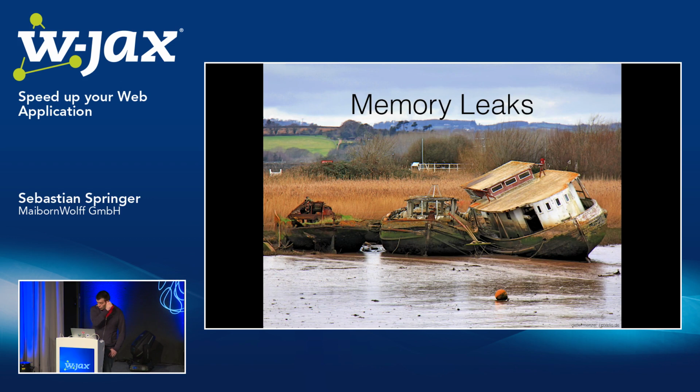If you have a long-running application, then you face memory leaks sooner or later. Memory leak means that the memory of your browser is filled up and not freed anymore by the garbage collector, and that causes the system to become slower and slower, and at some point your application is unresponsive, and that's a big problem.